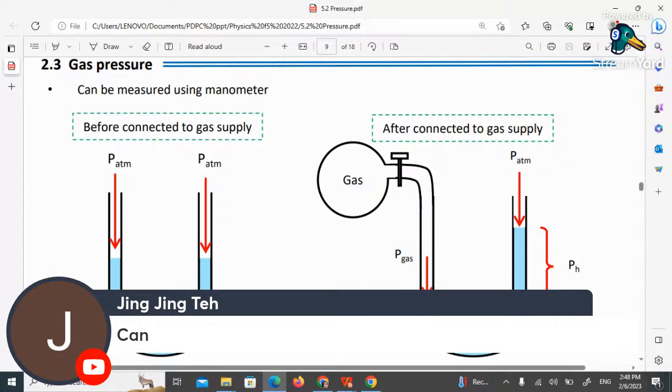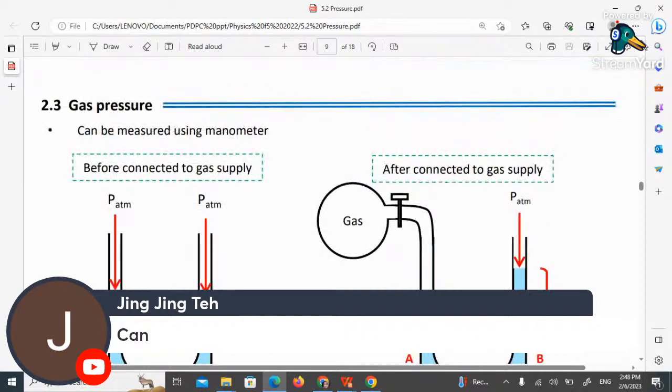Okay, this is in your notes. Gas pressure can be measured using a manometer. Look at the situation before connected to the gas supply and after connected to the gas supply.